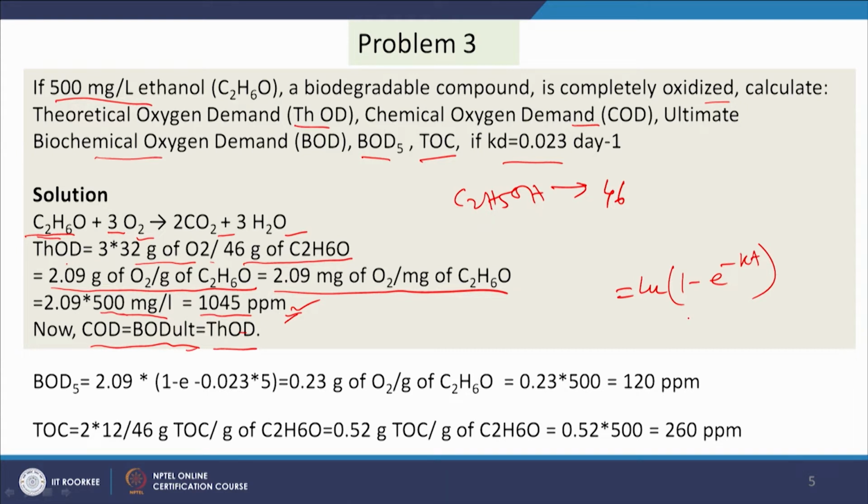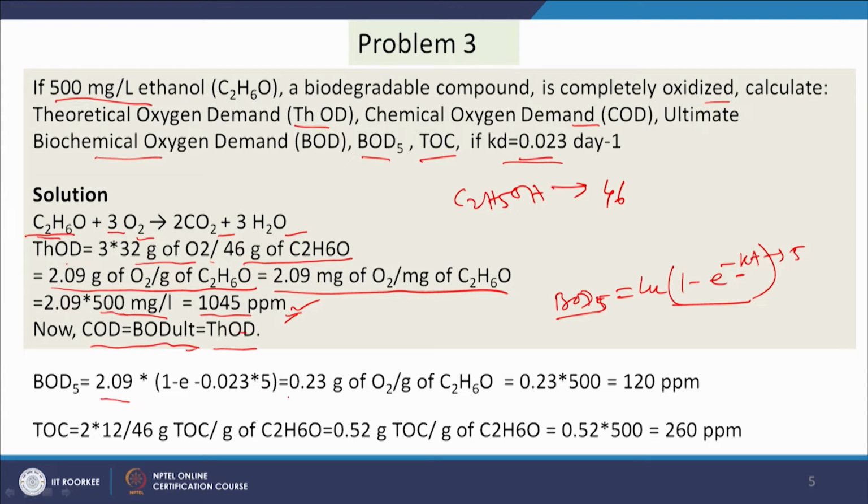So, here for BOD 5, T is equal to 5, and k is given. LU we are getting here, so we will put this value, 2.09 gram oxygen per gram of C2H5OH, and multiply it with 1 minus e to the power minus 0.023 into 5.